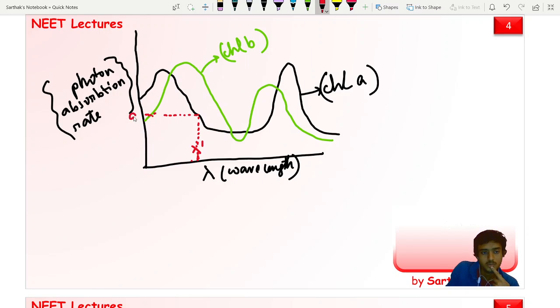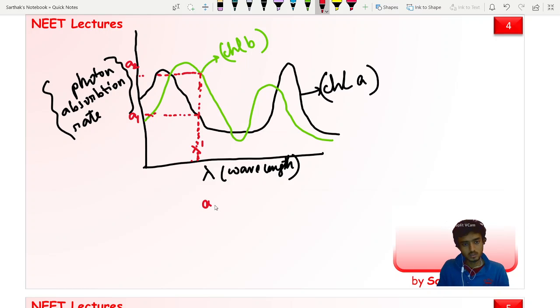This is A1. Then from lambda dash we draw another perpendicular to the chlorophyll B graph, and from that intersection point we draw another line to the y-axis, and this is A2.